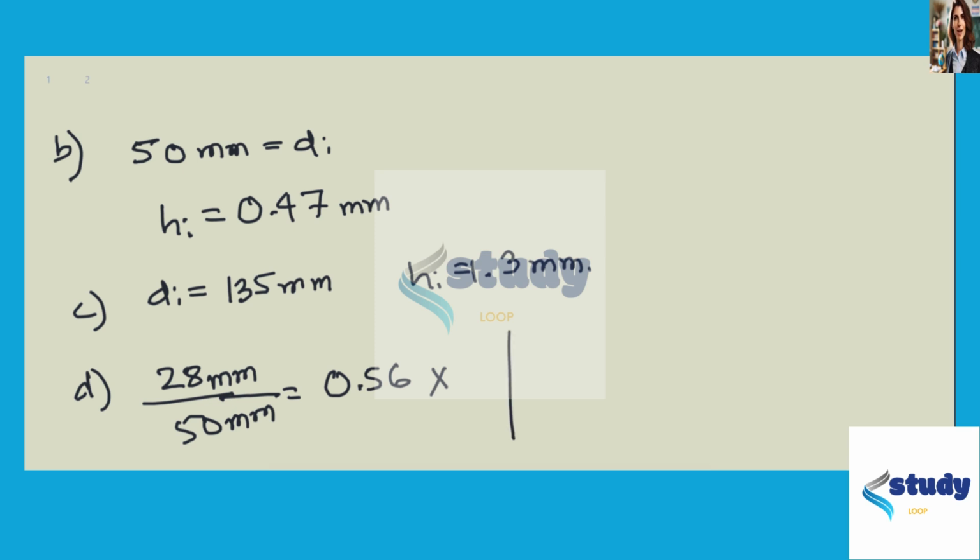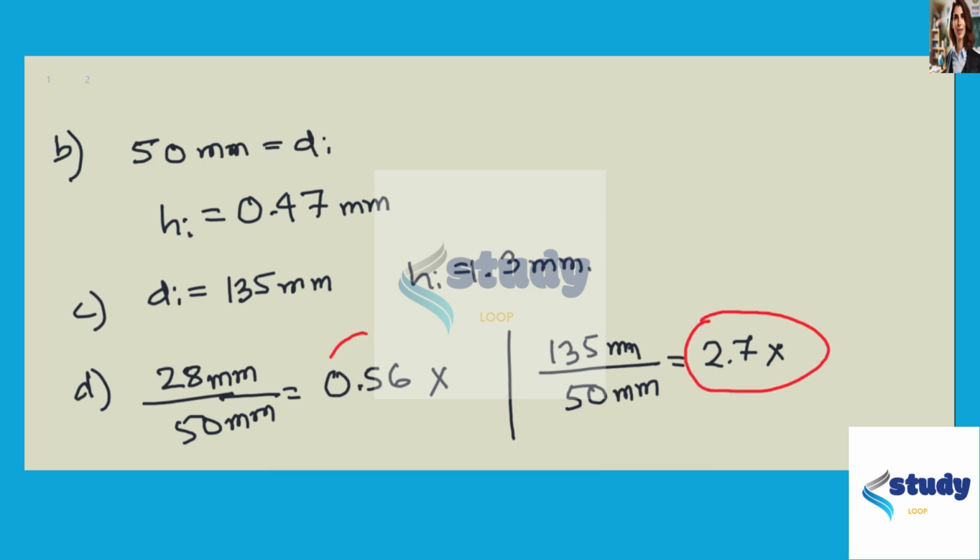And for 135 millimeters, this will be 2.7x. So it's going to be 2.7 times the 50 millimeter focal length.